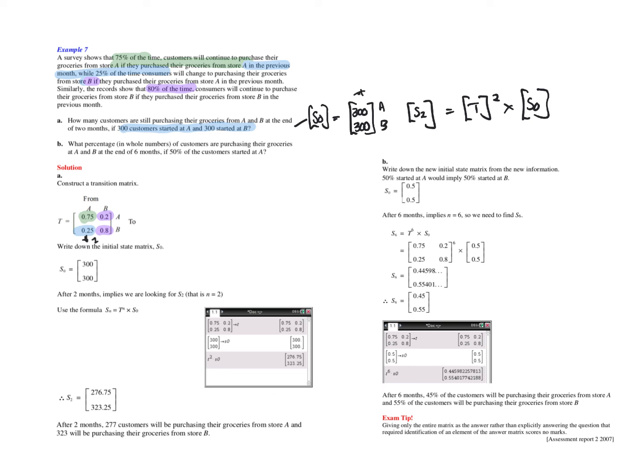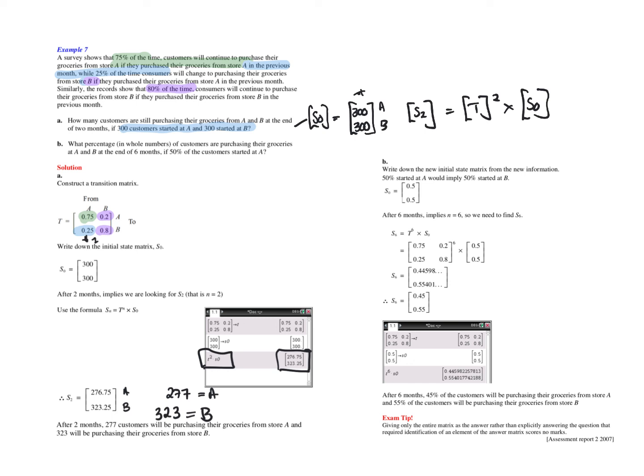Okay, and you can see they show this in the calculator, but they do the storing, but it's still the same. So you end up with T2 times S0, and then we get that. So they would round this. This is A and this is B. So they're going to say 277 at A and 323 at B.